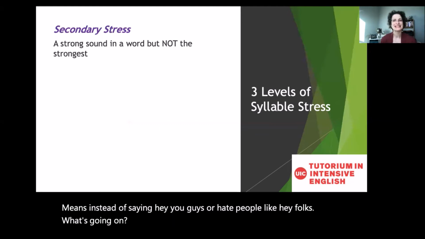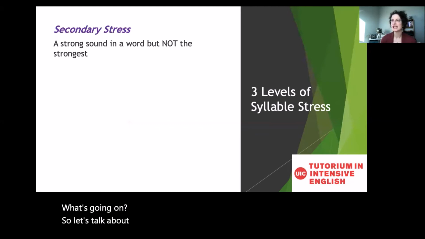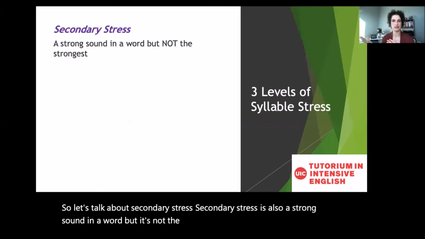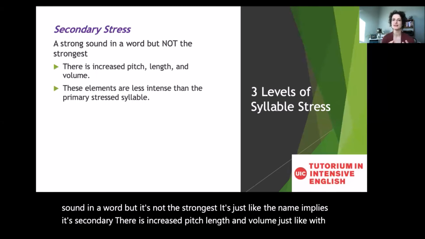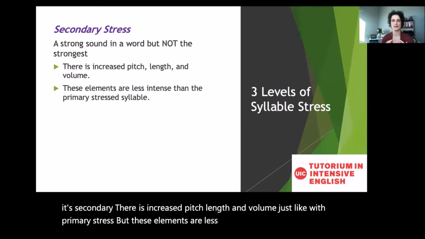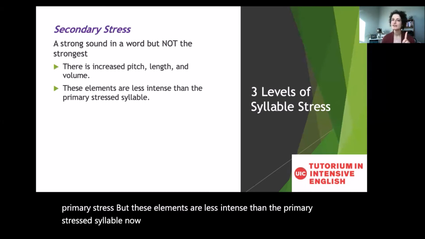So let's talk about secondary stress. Secondary stress is also a strong sound in a word, but it's not the strongest. It's just like the name implies, it's secondary. There is increased pitch, length, and volume, just like with primary stress, but these elements are less intense than the primary stressed syllable. Now remember, there's only ever one primary stressed syllable.